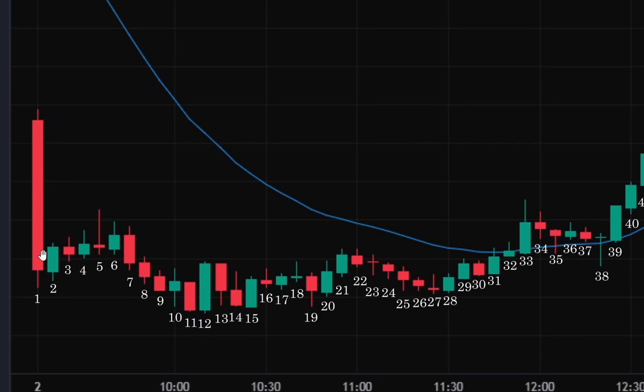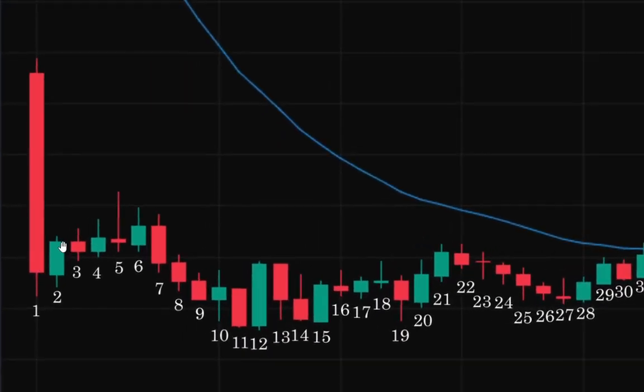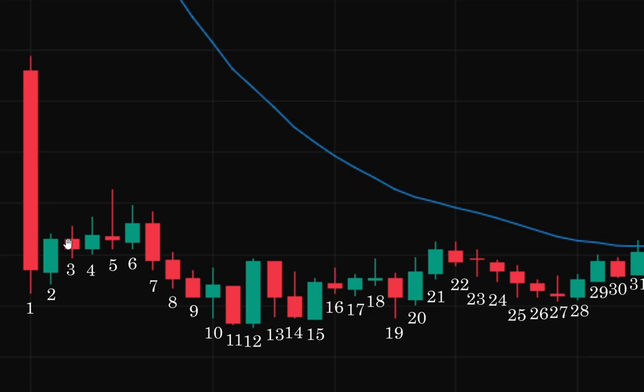The very first candle is a long bear bar. I was thinking that many times after such a big gap down, most of the time the price reverses within 15 to 30 minutes. So I was thinking of a second leg down.